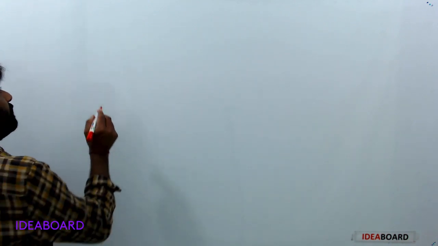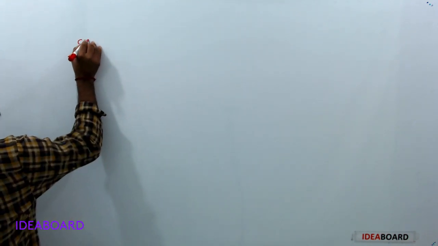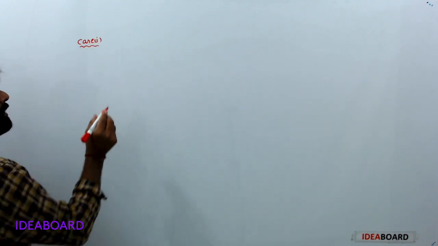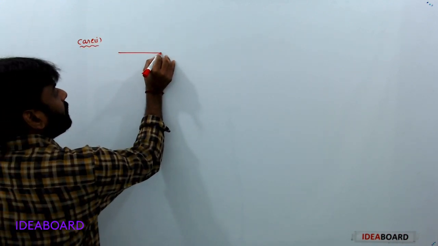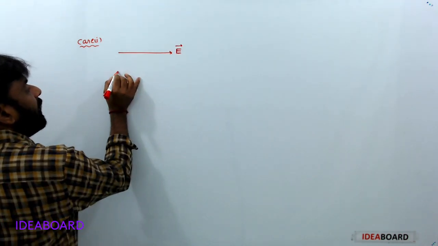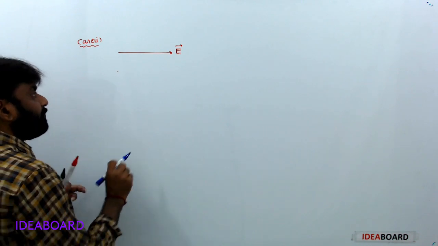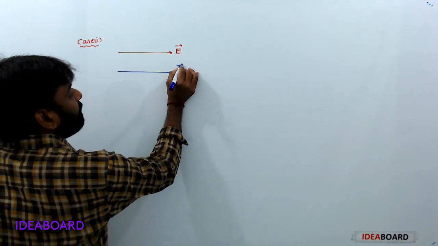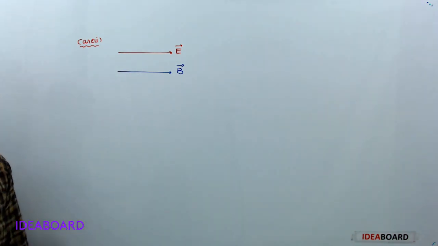Now, cases. Case 1: the electric field and magnetic field are both parallel to each other.